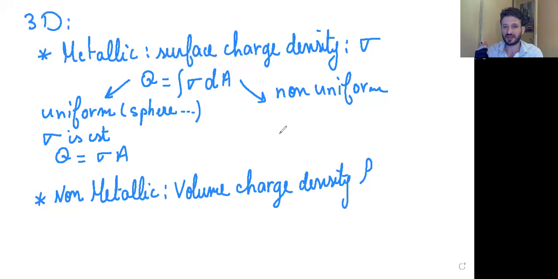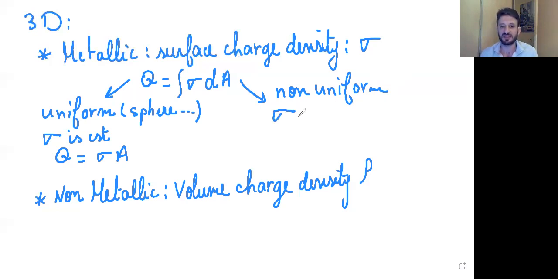So uniform and non-uniform depends on the form of the object. If the object is symmetric, we have a uniform charge distribution. If it's not symmetric, we have a non-uniform charge distribution, okay? So we can say non-uniform, like a rectangular or cubic volume. Now I take a metallic object, okay?